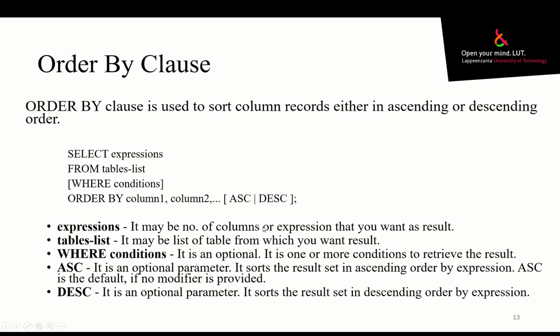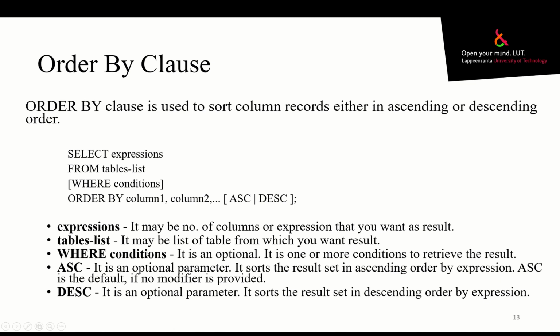And we have the ORDER BY clause. The ORDER BY clause is basically used to sort column records. It can be in ascending order or in descending order. The expressions can be all the expressions I've been showing you in the previous exercises and lectures, where you can have whatever expressions and results you want, and the list of tables you want in the result.